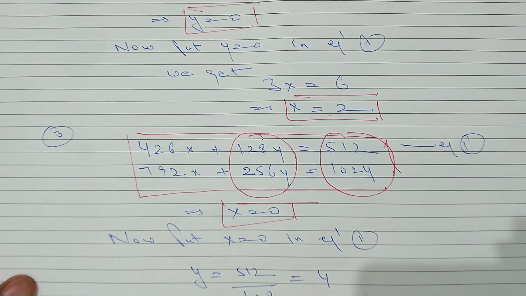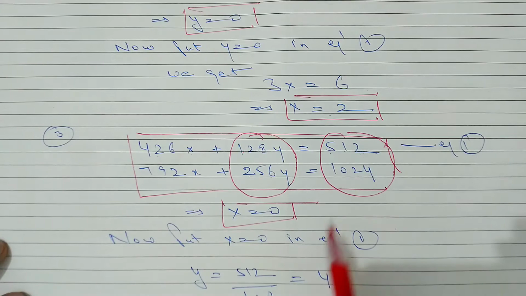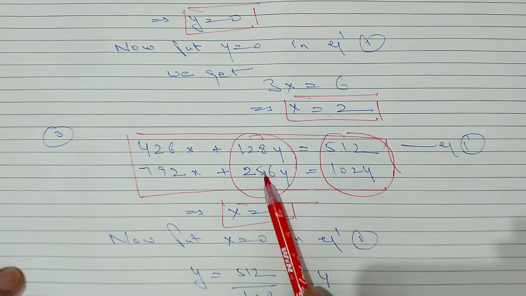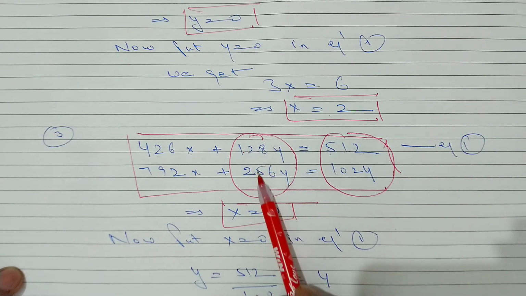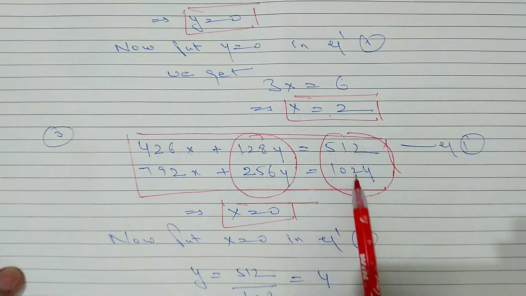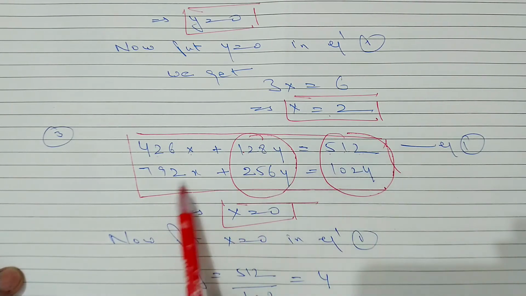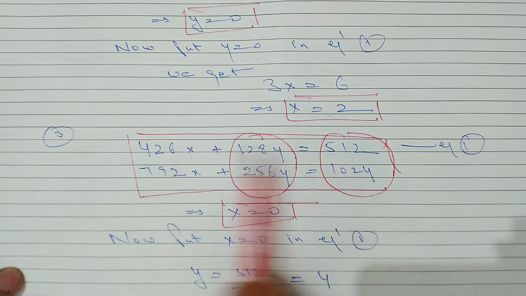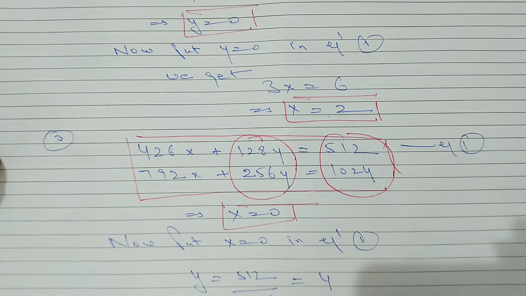Answer by direct observation. If the ratio of coefficients of one variable is equal to the ratio of constant terms, then the other variable is always equal to 0. No need for lengthy calculations, right?